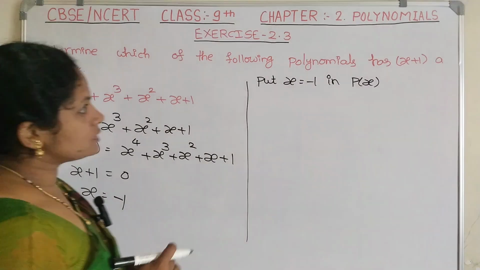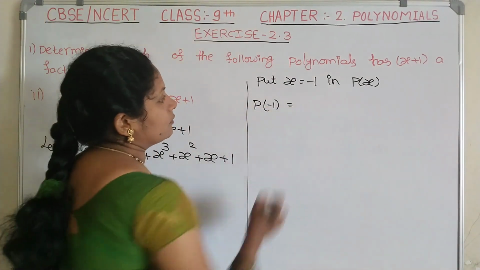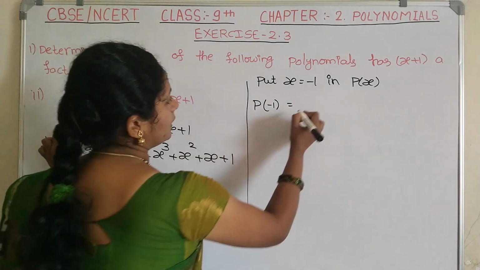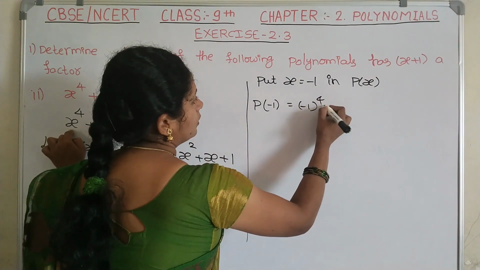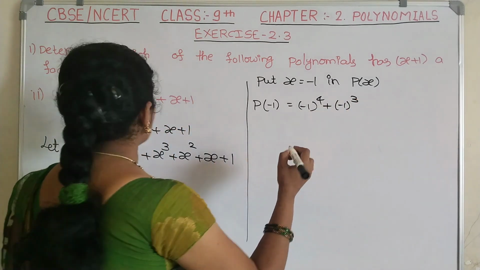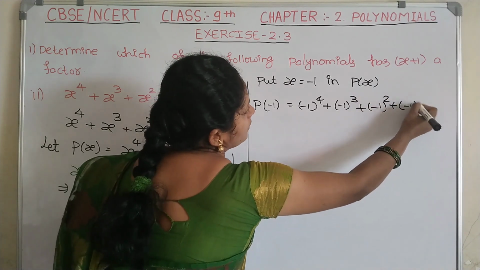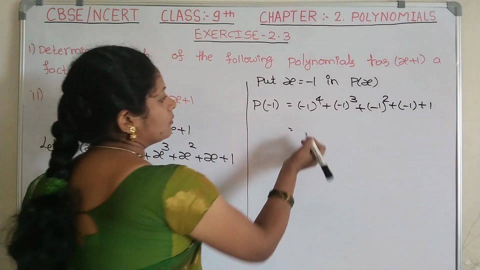If you put x equal to minus 1, p of minus 1 equals minus 1 whole power 4 plus minus 1 whole cube plus minus 1 whole square plus minus 1 plus 1.